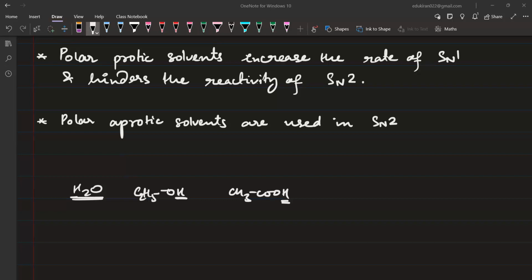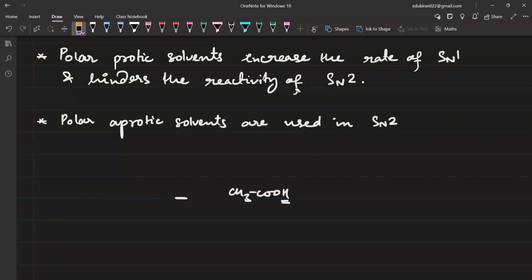Another, rather the official, definition of a polar protic solvent is a solvent that forms hydrogen bonds, that is, a hydrogen attached to an electronegative element, so that when the hydrogen leaves, that electronegative element can bear the negative charge. So just understand that water, alcohol and acid are the three examples you have to remember. Now let us see why it increases the rate of SN1.